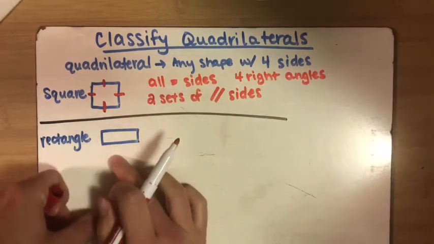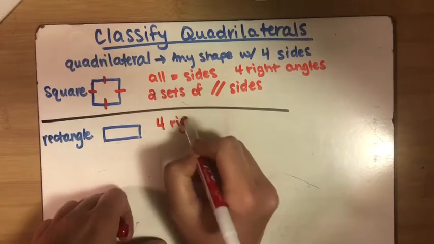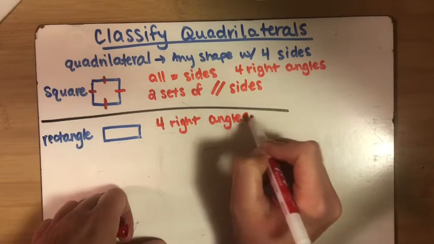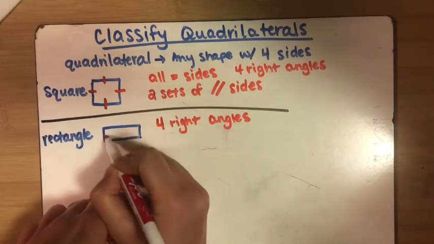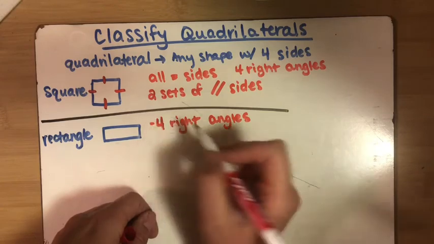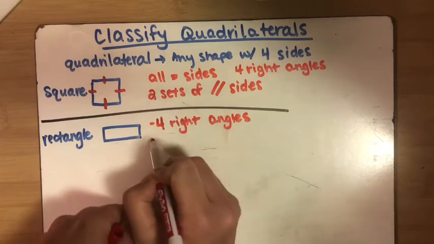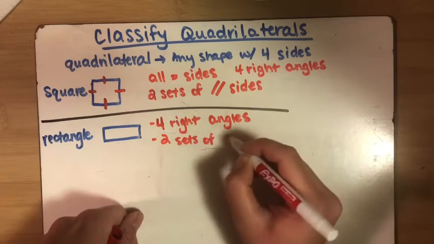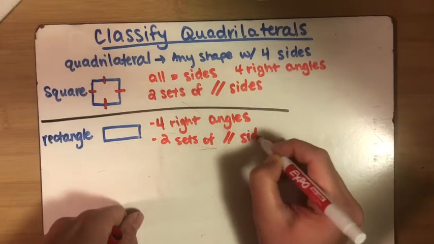So to be a rectangle, it has to have 4 right angles. So in each of those corners, you can tell that there's a right angle, because it's a rectangle. 4 right angles, and it needs to have 2 sets of parallel sides.